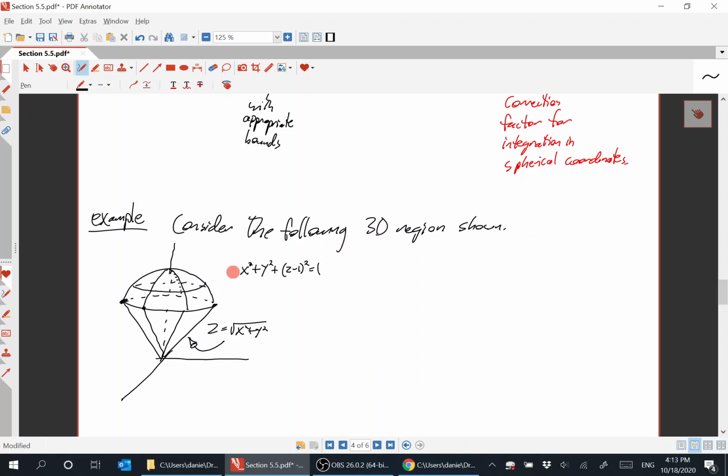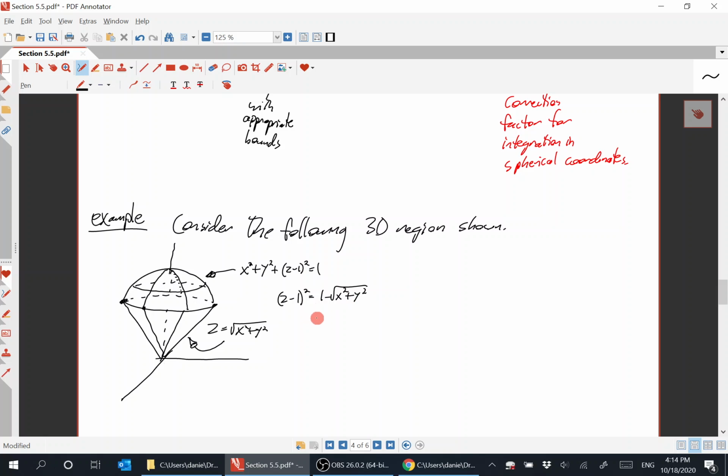Now, even though it's centered at 0, 0, 1, it can be described nicely using spherical coordinates.